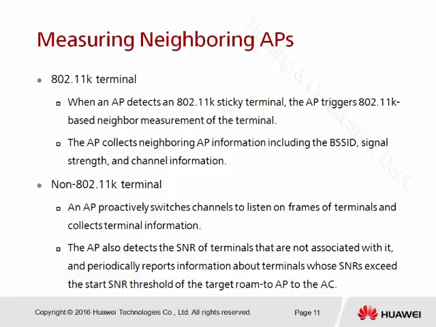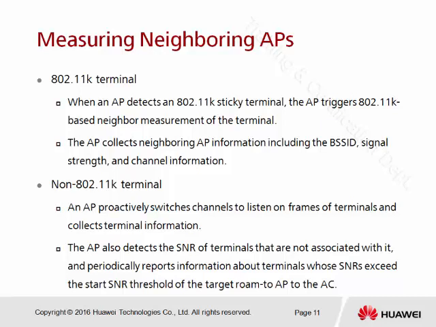So this is measuring the neighboring APs. The AP will try to detect whether the currently connected STA supports 802.11k or not. If yes, the AP will trigger the 802.11k based neighbor measurement for the terminal.